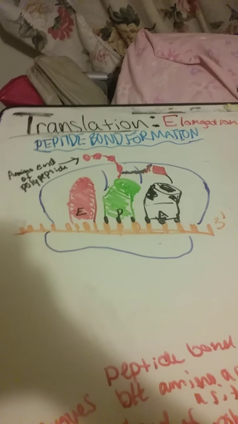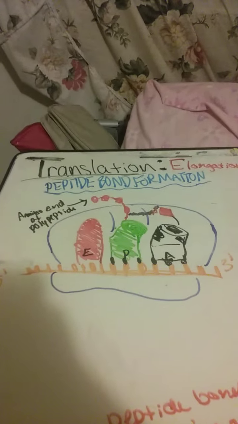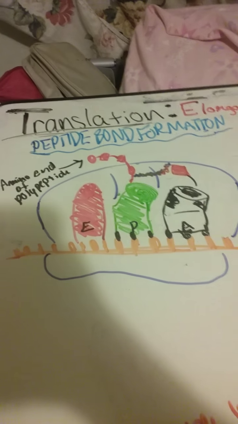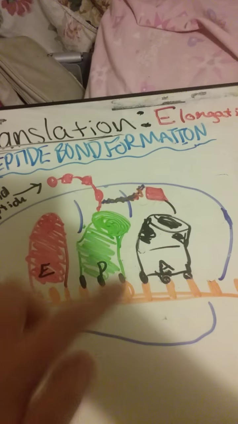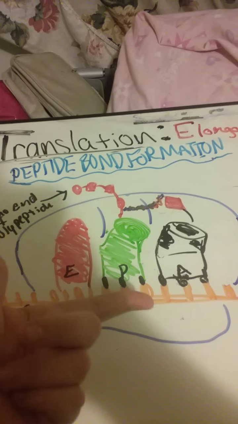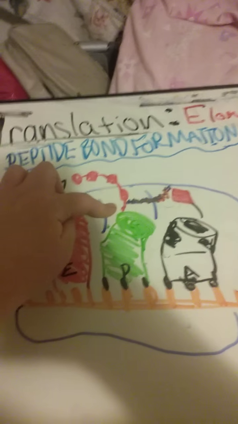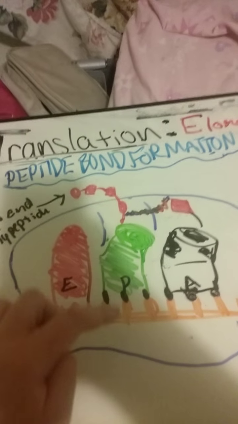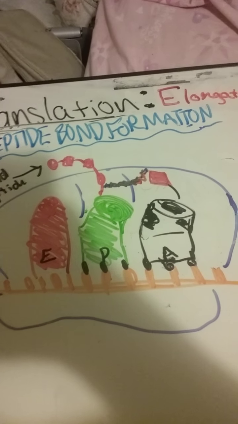The next step of elongation in translation is peptide bond formation. This is where a peptide bond is formed between the new amino acid in the A site and the end of the polypeptide chain on the tRNA in the P site.